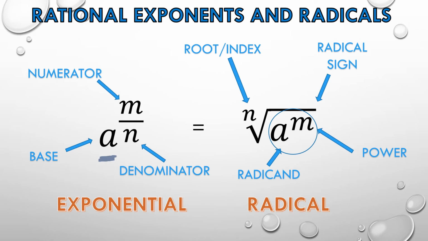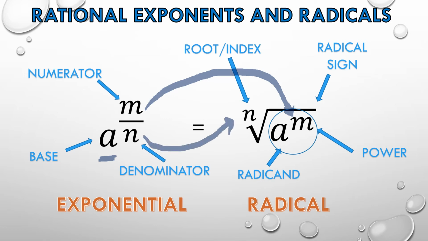And the numerator of the exponent ay magiging exponent sa loob ng radical or mapapasama siya sa radicand. And how about the denominator? Siya yung magiging root or index. So, sa next slide, makikita natin kung paano mag-transform ng rational exponents into a radical.